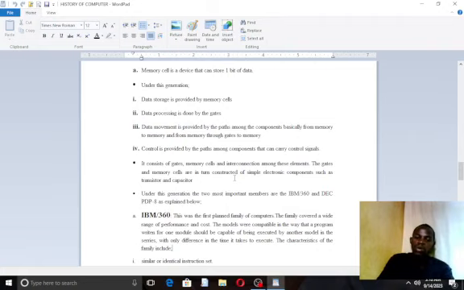When I talk of a family of computers, I mean, for example, Dell is a family of computers, HP is a family of computers, and so on. The family covered a wide range of performance and cost. The models were compatible, in that a program written for one model should be capable of being executed by another model in the series.